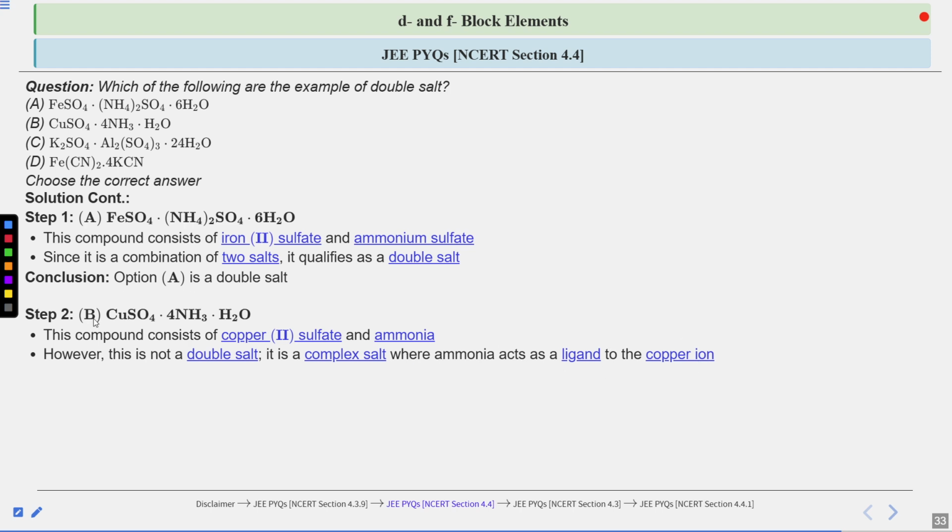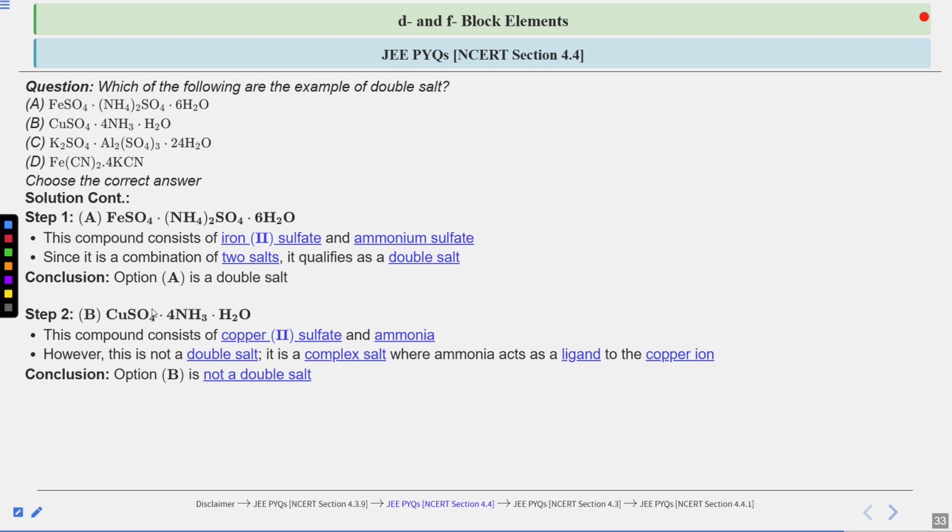Okay, so it is not containing two different salts. It is a complex salt. That means only one salt is present, that is copper sulfate. The other, 4NH3, acts as a ligand for the copper ion present in this salt. Conclusion, option B is not a double salt. Why? Because it doesn't have two salts in it.